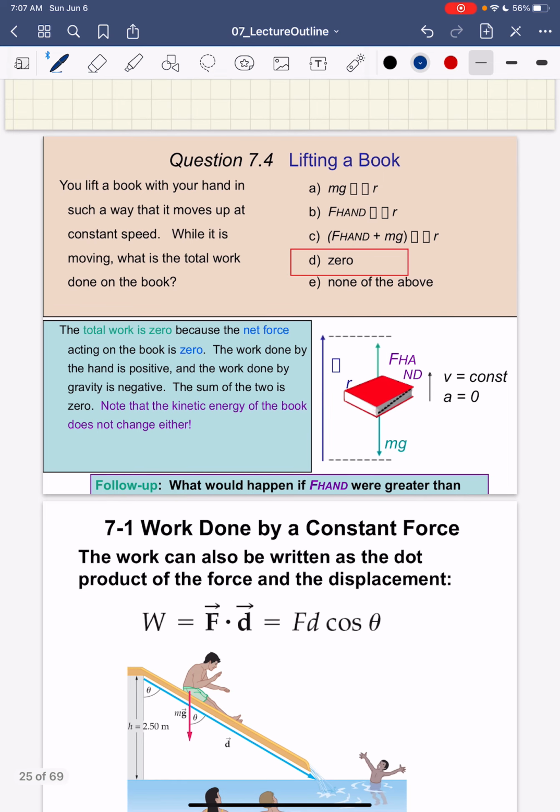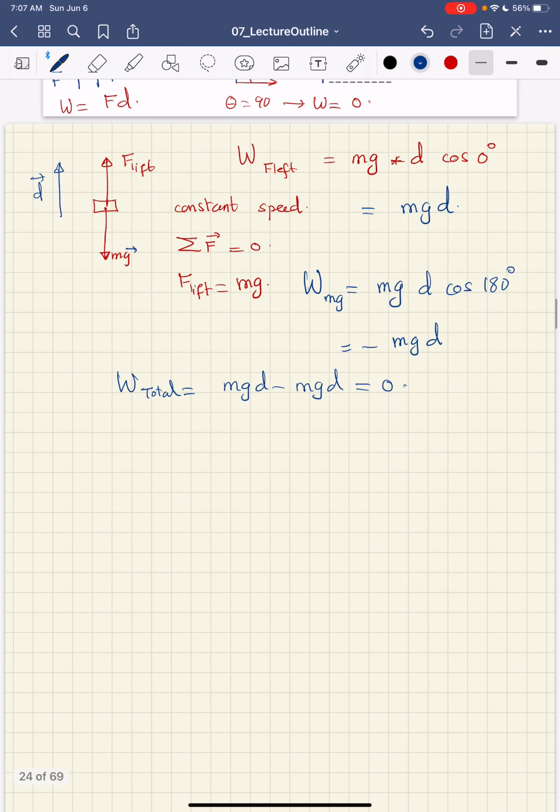Also we added here a comment, because we are going to introduce something: what is really the change in the kinetic energy of the book? It is 0 because it said constant velocity, but we did not yet talk about how we calculate the kinetic energy.